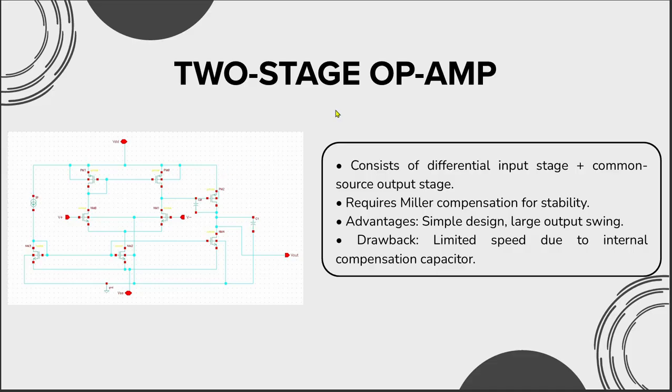It is simple to design and provides a large output swing and reasonable gain. However, to make it stable in closed loop mode, it needs Miller compensation, which adds an internal capacitor. This compensation capacitor slows down the circuit when it is used as comparator because it limits the slew rate and increases the delay.